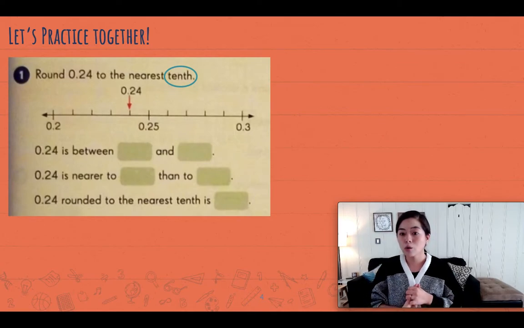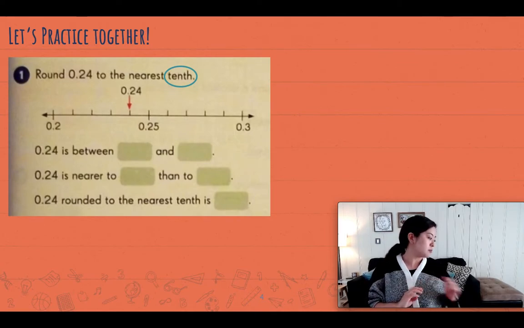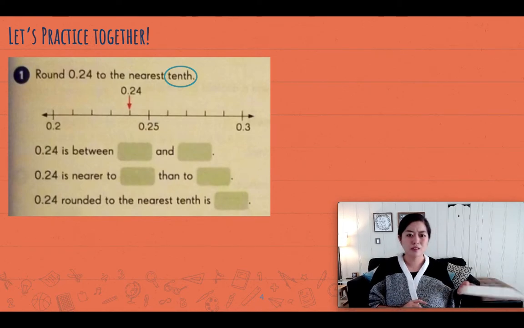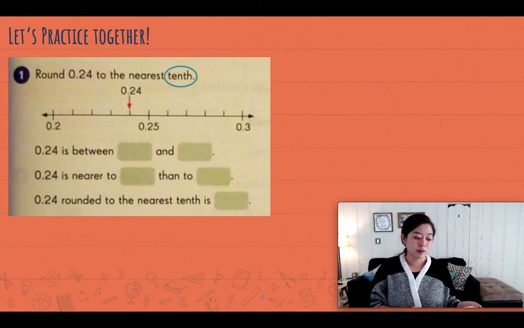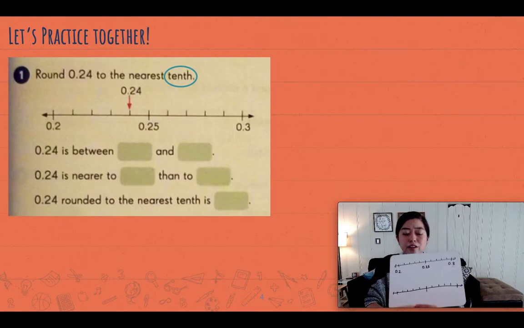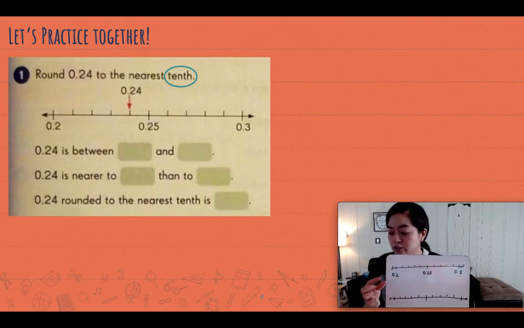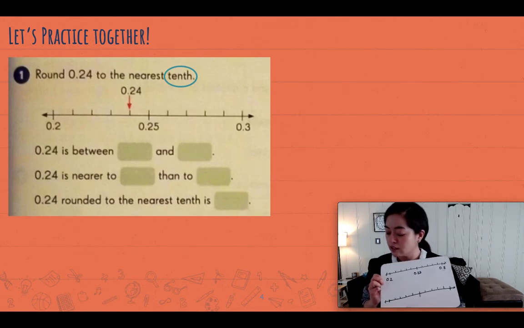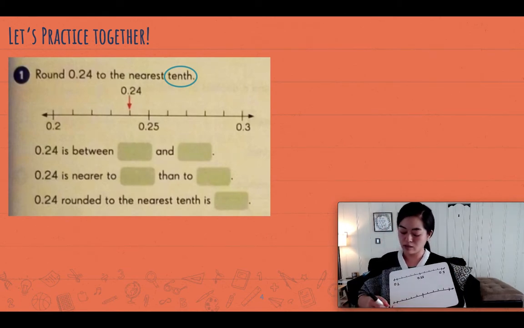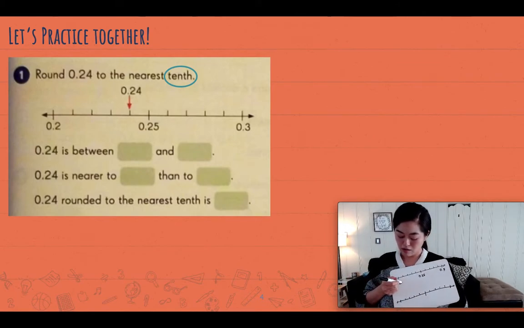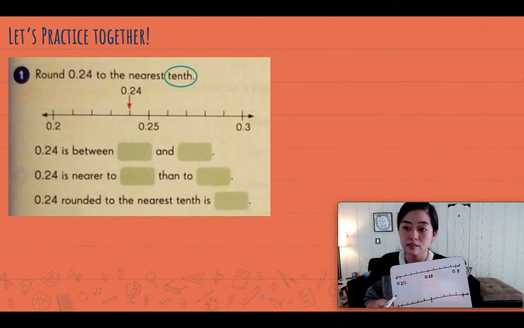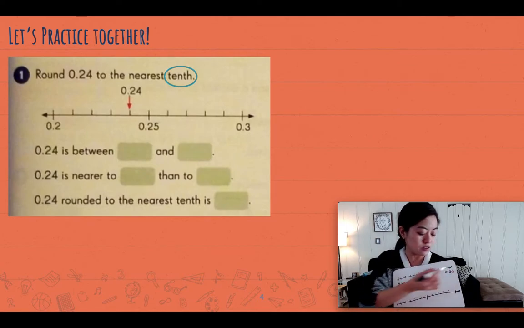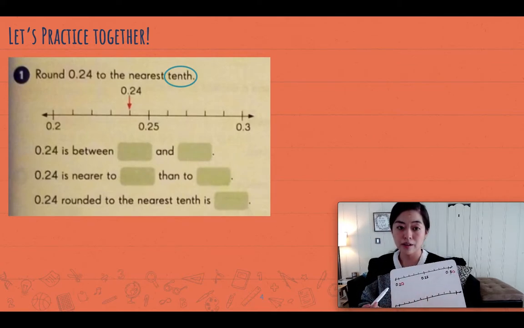Okay, so I would recommend writing the number on a number line. They already did it for you over there, and then I kind of drew it here. Okay, and 24 hundredths is in between, let's see, 20 hundredths and 30 hundredths.